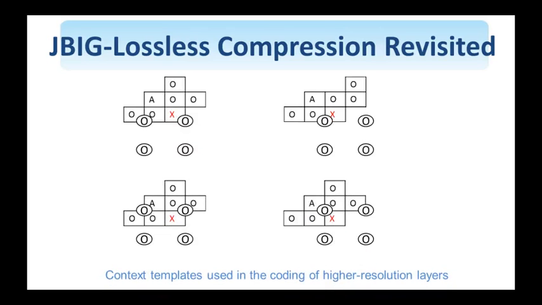Here are the 4 context templates that are utilized by JBIG. X again in red is the pixel value being encoded. We see that past values of the high res image are used, and these big O's are the low resolution pixel values. A again is this floating location of the pixel.